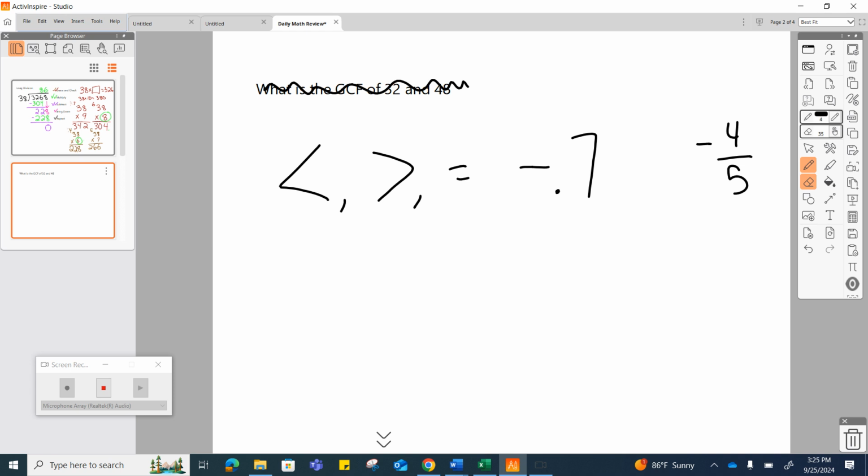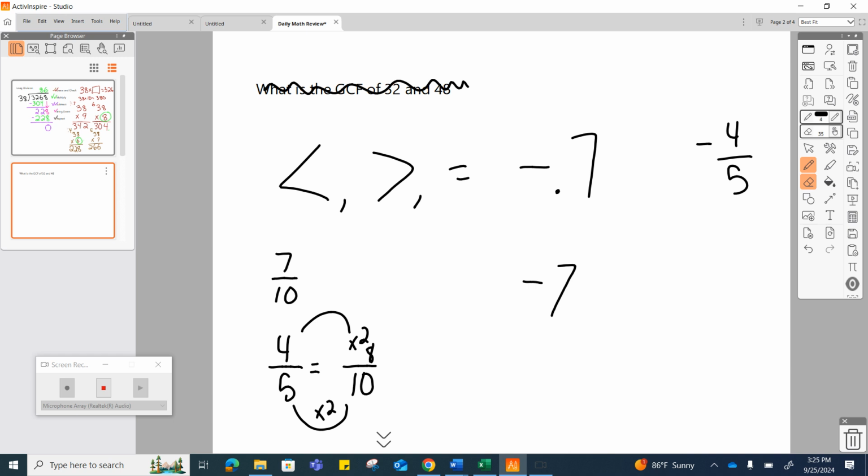This is the same as 7/10, right? I can turn that into tenths, 5 times 2. So then you would have negative 0.7 or negative 7/10 and negative 8/10.